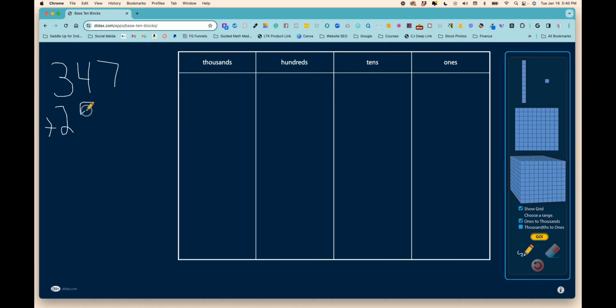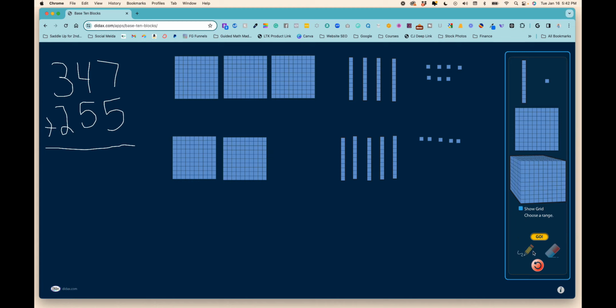We are going to start by adding our ones place first. So looking at our ones place, we have 7 plus 5, and that equals 12. I'll always ask them, hey, can we make a trade? Yes, we can. We are going to take away 10 ones, and I'm actually going to make them disappear this time.